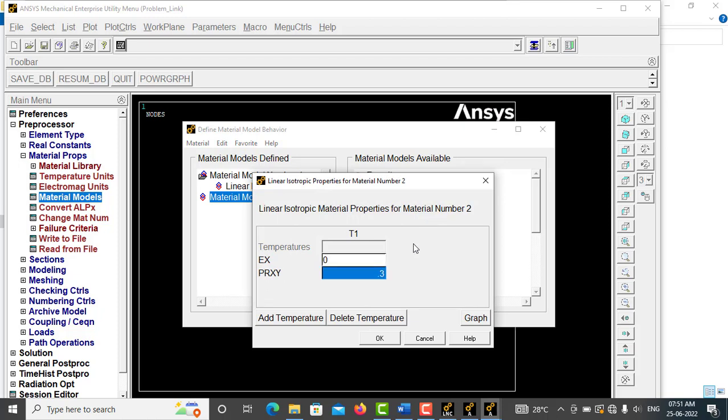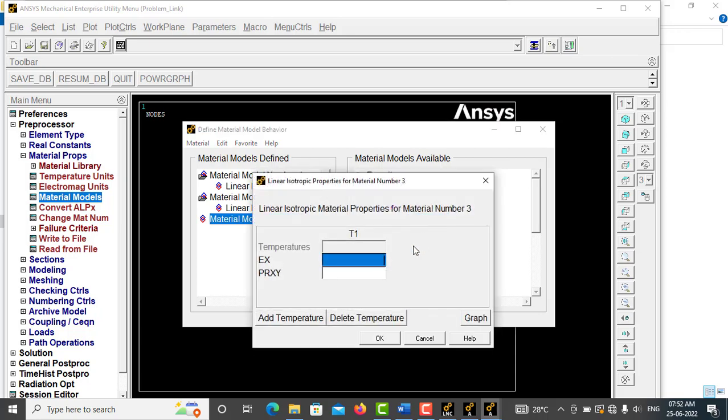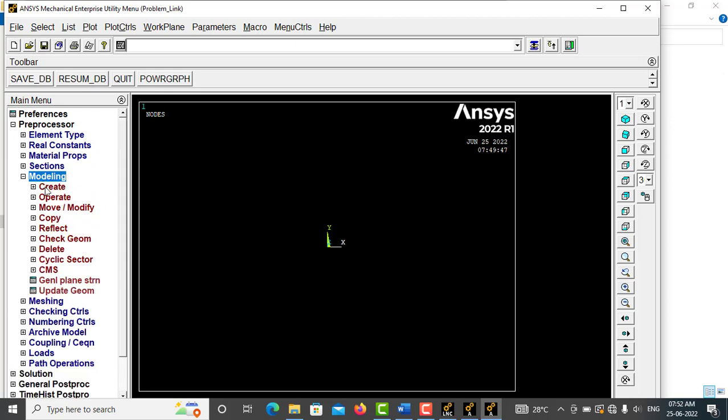So this is the second material, 1e5 and 0.3. Slight changes, so I'm deleting this: 1e5 Young's modulus and 0.3 Poisson's ratio. And the third one, aluminum, is 0.8e5 and Poisson's ratio 0.3. Poisson's ratio will not have any effect on this problem.